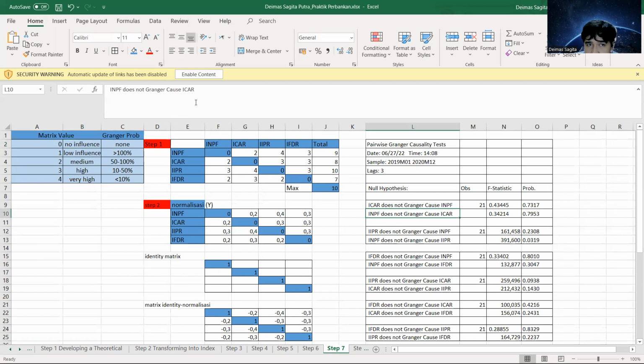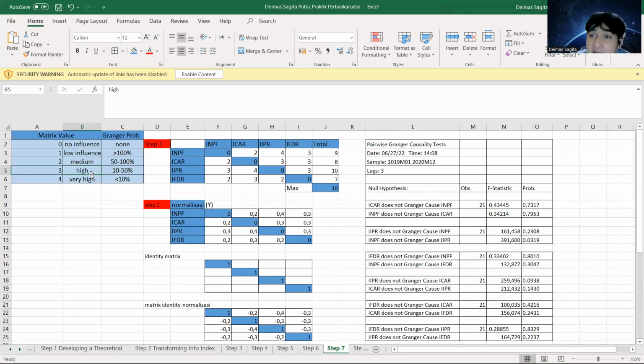You can just continue here. You can see here INPF and ICAR, the probability is 0.79, or 79%. Just put 2 because it's medium. You can see here IPR and INPF, the value is 0.23, or 23%.